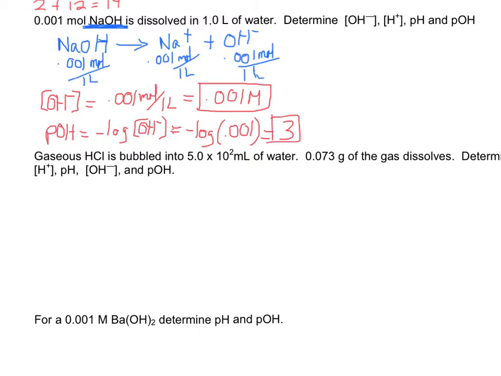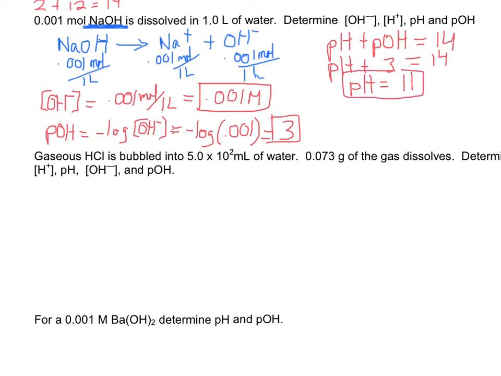Then we can find the pH from that. So pH plus pOH, we know for any solution, is equal to 14. So pH plus 3 is equal to 14, so pH is equal to 11. And then last thing is the H plus concentration.